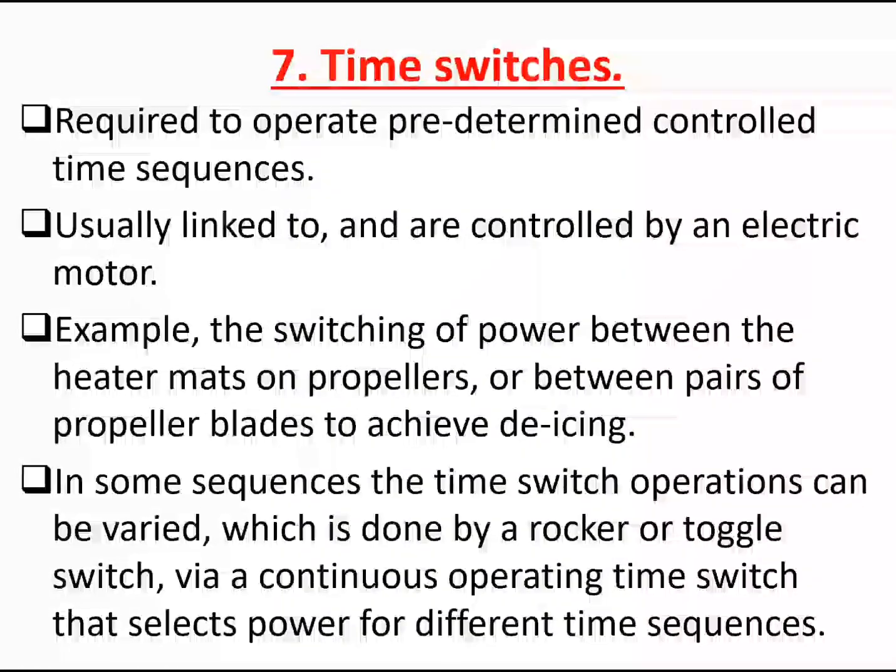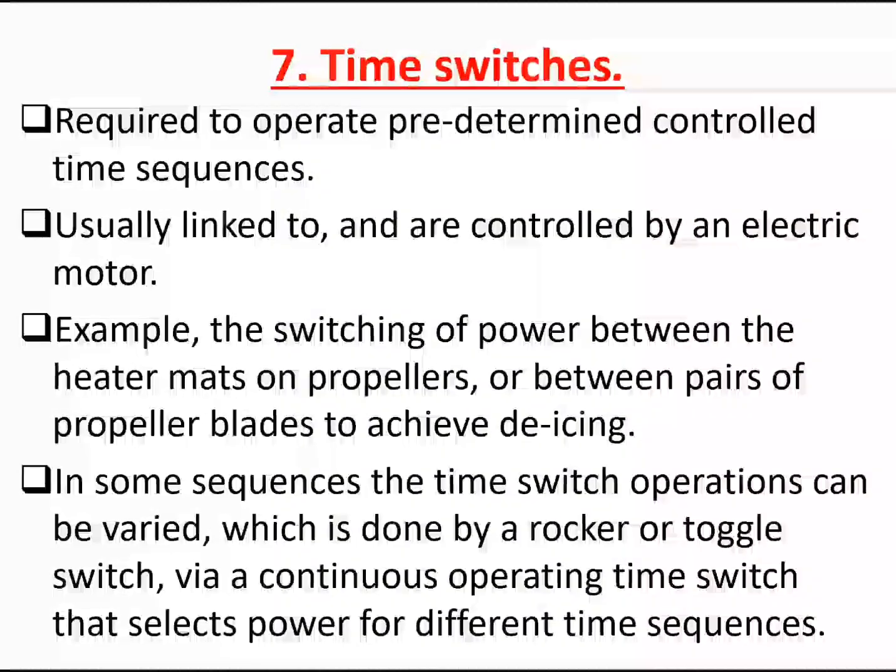Time switches require to operate a predetermined controlled time sequence, usually linked to and controlled by an electric motor. Example: switching of power between the heater mats on propeller or between pairs of propeller plates to activate de-icing.